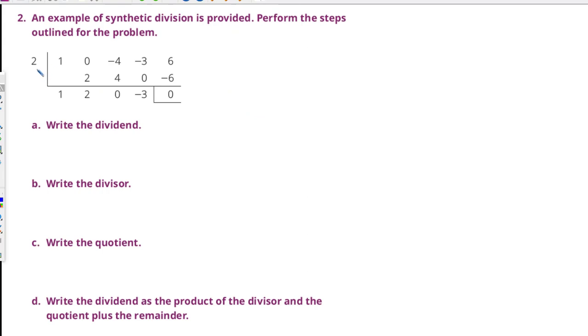So let's take this synthetic division that's outlined. This 2 is what is going to be coming up with the factor of x minus 2. Oh, that didn't write out very well.